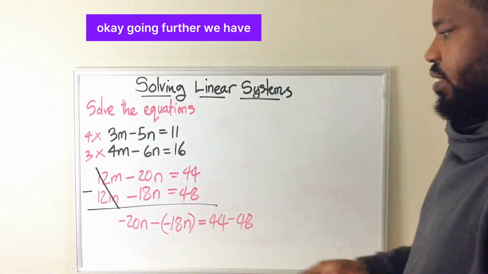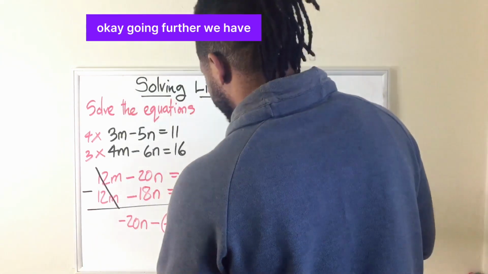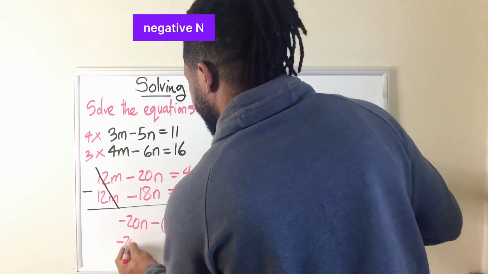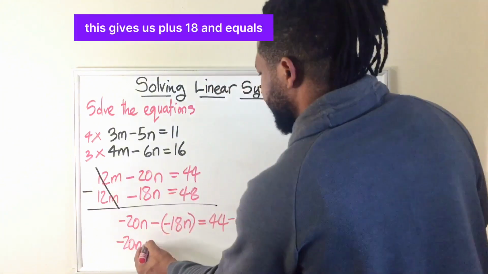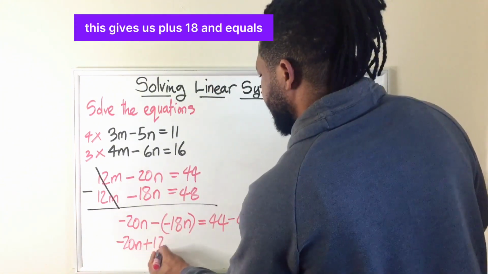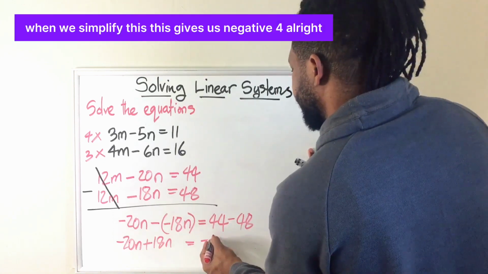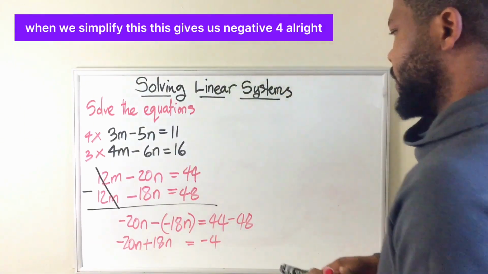Going further, we have negative 20n, this gives us plus 18n equals, when we simplify this, negative 4.